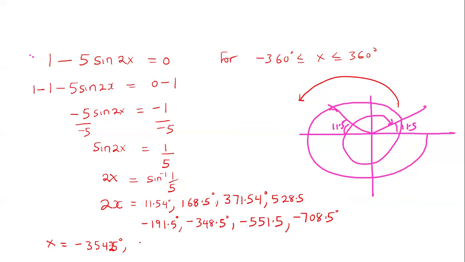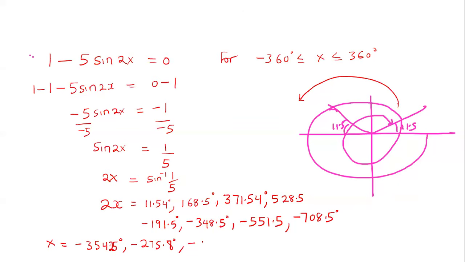So then we are moving to the second one, which is negative 551.5 divided by 2. We get negative 275.8. So the other one is negative 348.5 divided by 2.